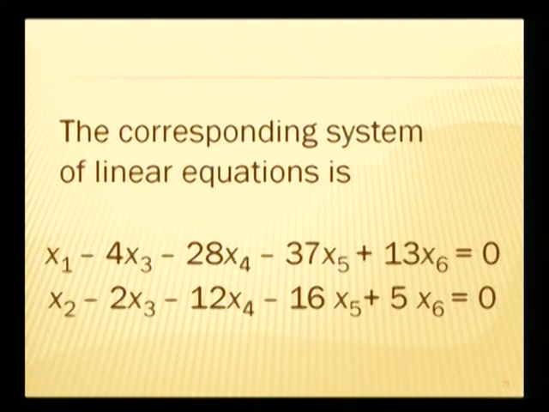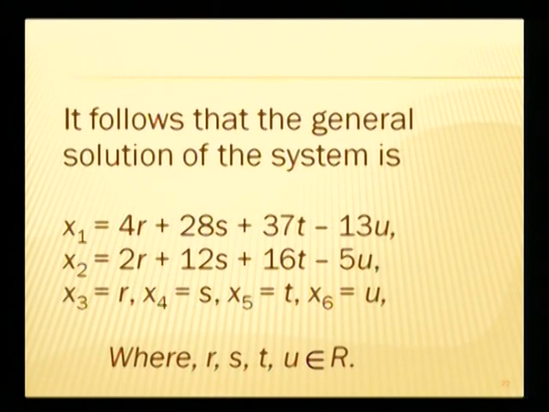Here we can see that there are 2 equations and 6 unknowns. So let us take x1 and x2 as leading variables, and x3, x4, x5 and x6 as the parameters r, s, t and u respectively.